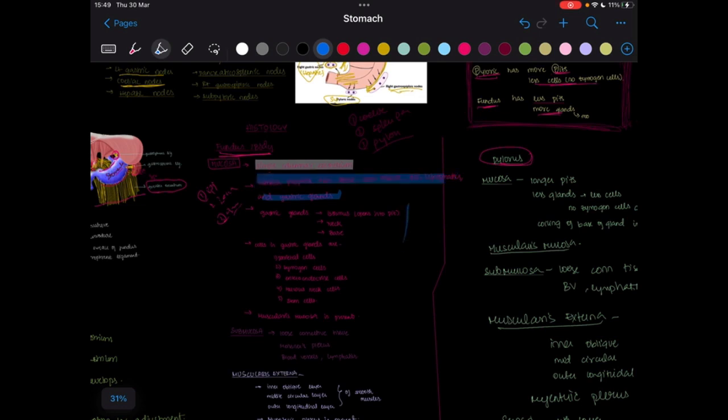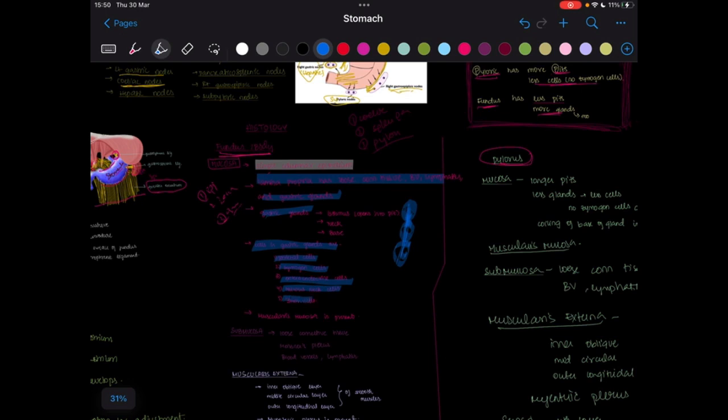The first part of the gastric gland is called the isthmus, then this is the neck part, and this is the base. Cells present in the gastric glands can be parietal cells, zymogen cells, enteroendocrine cells, mucous neck cells, and stem cells.